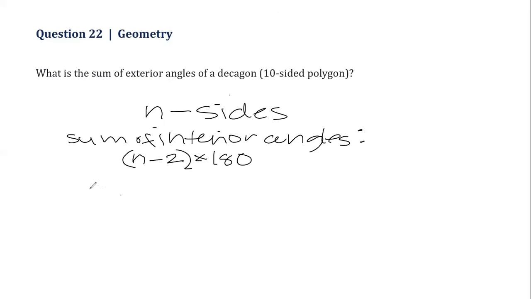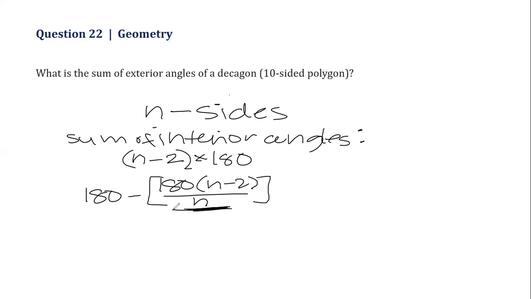So each exterior angle should be 180 minus 180 times (n minus 2) over n.